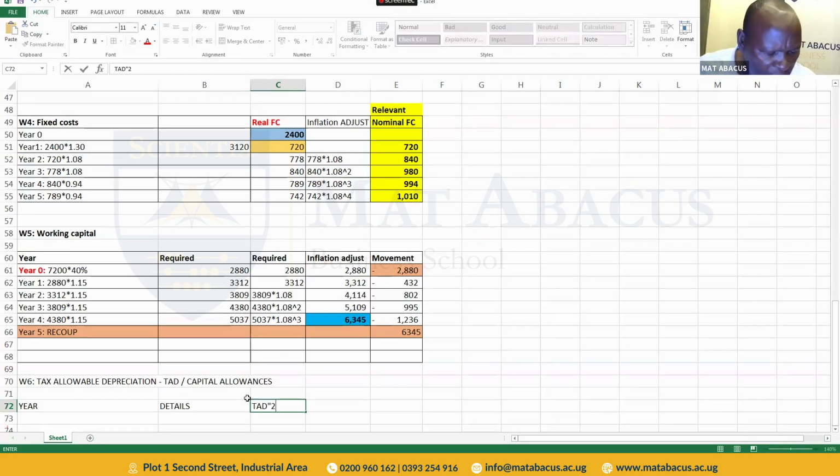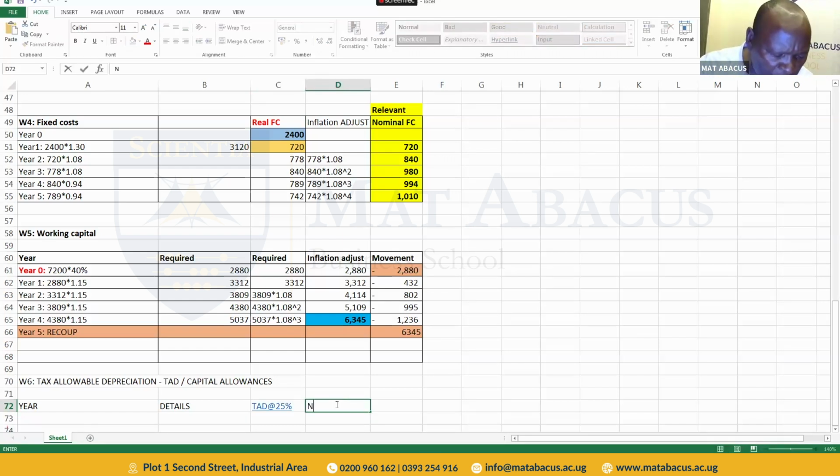So TAD at 25%. That's how we do it at MAT Abacus.